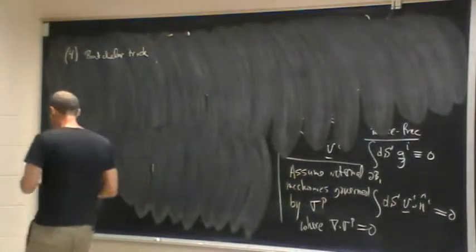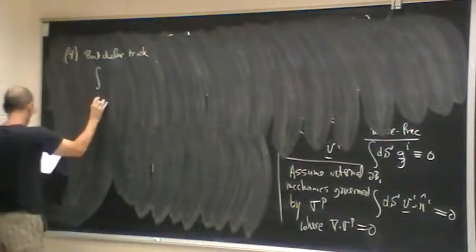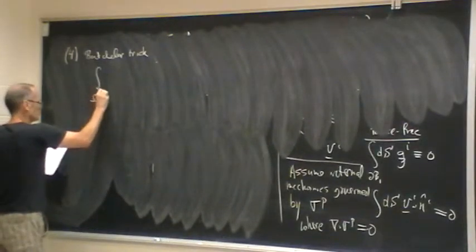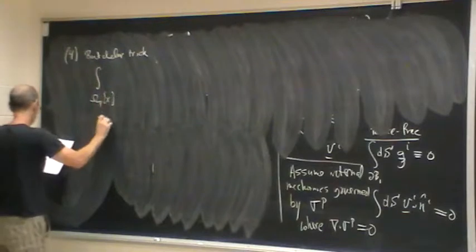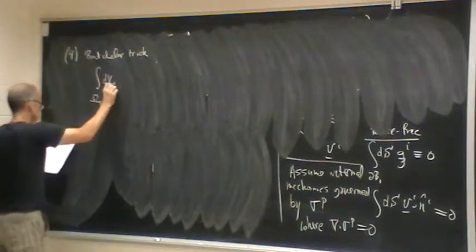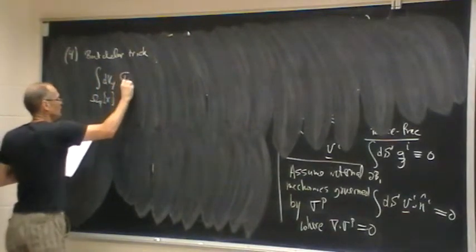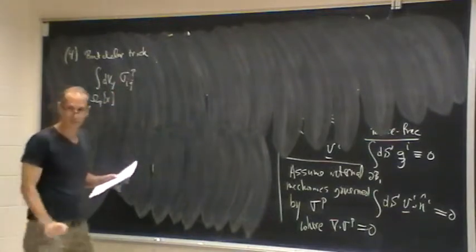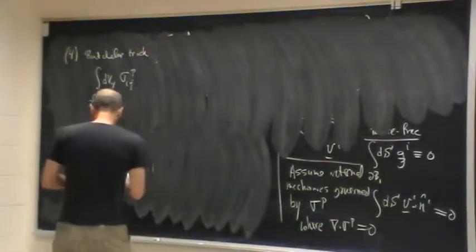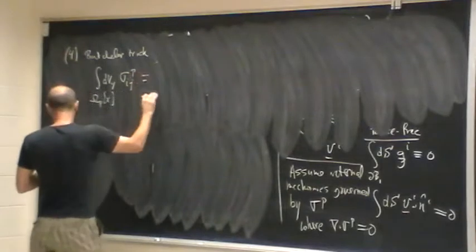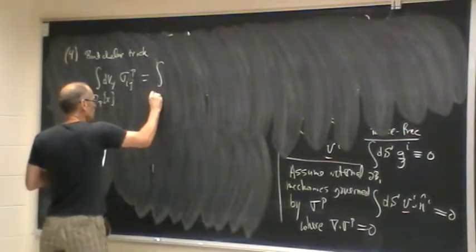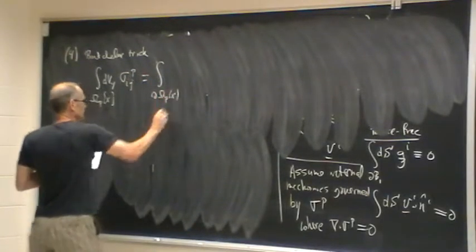here's the thing to show: the integral of the polymer contribution, ddy sigma ijp, is equal to the integral over the particle surfaces.